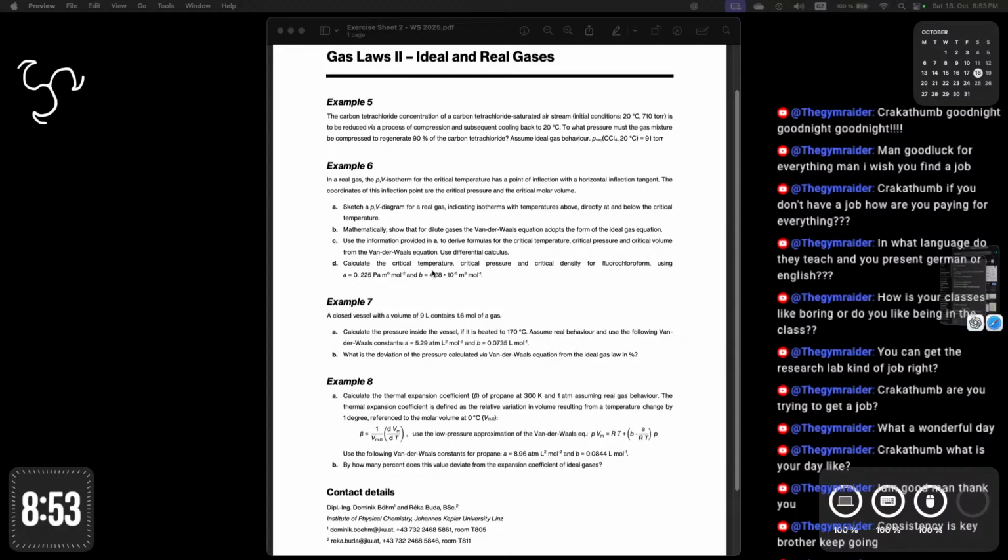Let me check my example 6. T1, T2, T3. Oh my god. Okay, looks like exercise 6 is the hardest.